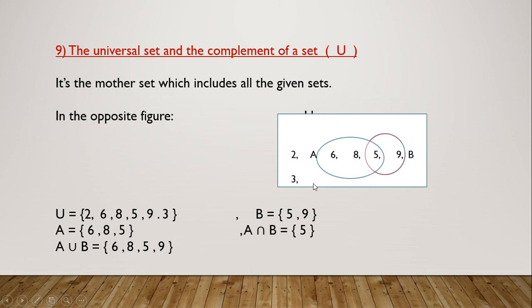All of this is the universal set, denoted by capital U. So the universal equals {2, 6, 8, 5, 9, 3}. In the opposite Venn diagram, A equals {6, 8, 5}, B equals {5, 9}, A union B is {6, 8, 5, 9}, A intersect B is {5}. Right? So the universal contains all the sets inside it.